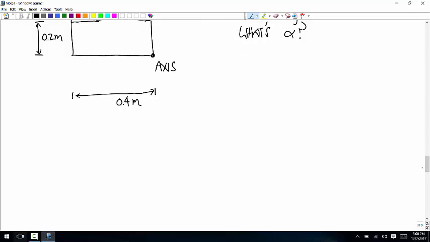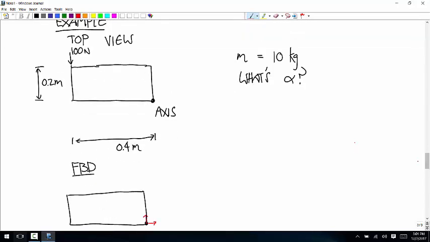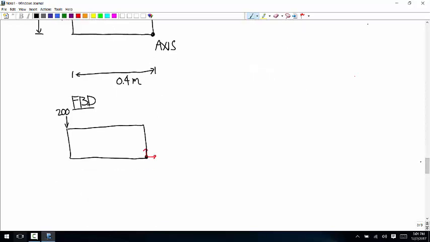All right, so free body diagram. There's the axis, and there's two forces there we don't care about. And then there's a force here of 200 newtons. If you draw a line from the axis to that force, you can see it's not perpendicular to the force.